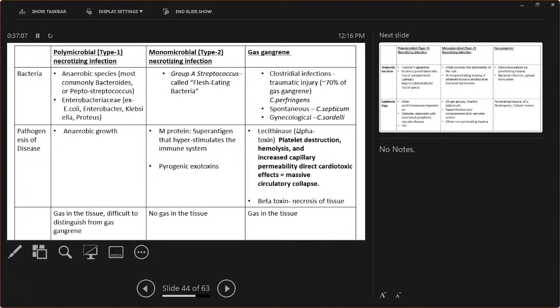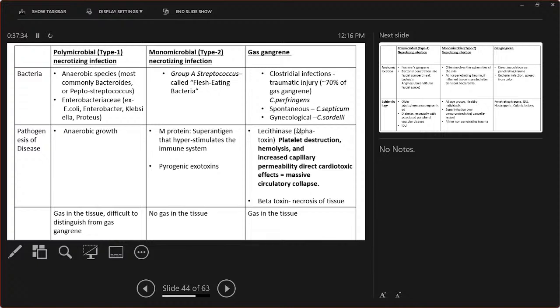Regarding the pathogenesis of the disease, we should highlight the pathogenesis in case of monomicrobial, that is group A streptococcus, and gas gangrene. In monomicrobial, we know M protein is the superantigen. Superantigen is an exotoxin which hyperstimulates the immune system. And pyrogenic exotoxin is the method of pathogenesis of injury, which will also cause toxic shock syndrome.